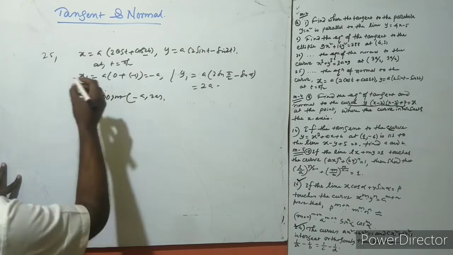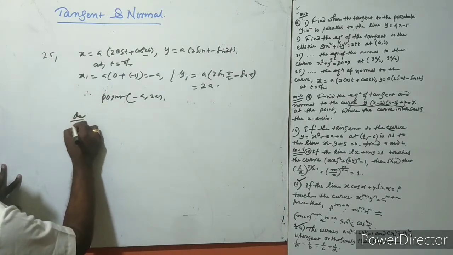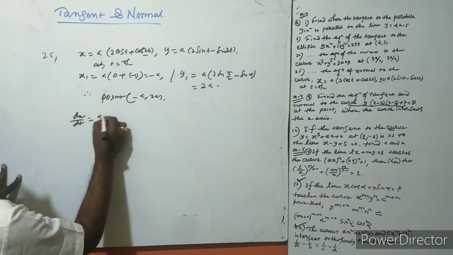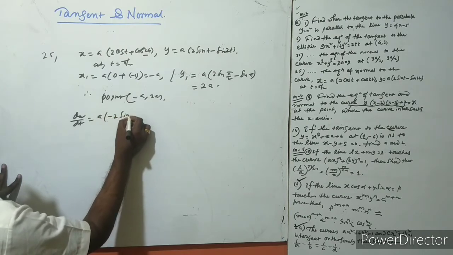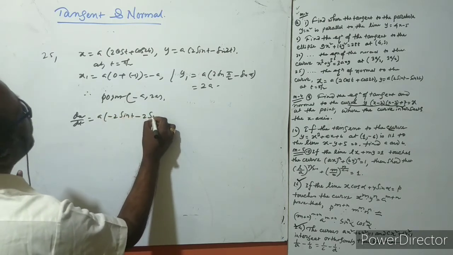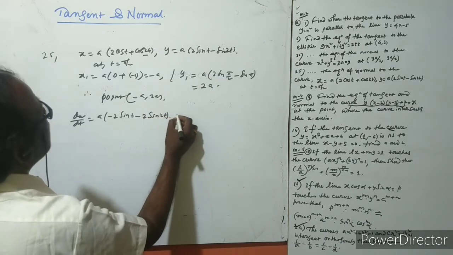Now find dx by dt. That is a(minus 2 sin t minus 2 sin 2t).